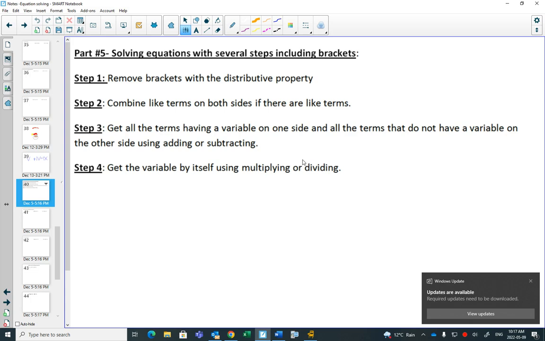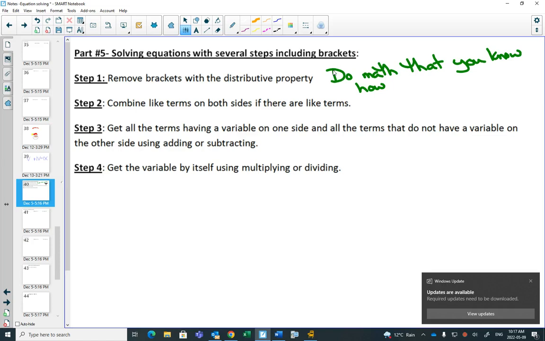We can rephrase that step to: it's basically do any math that you know how to do. In other words, if you have like terms on a side, you combine them. If you have a number outside of brackets, you know that you can distribute.